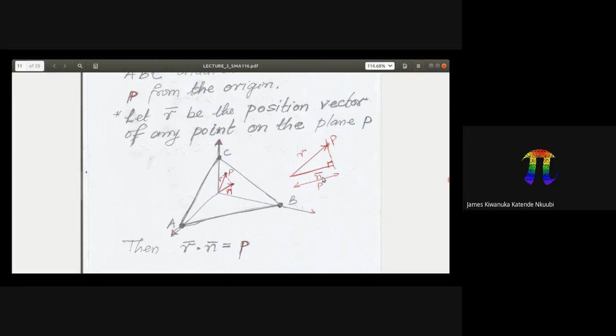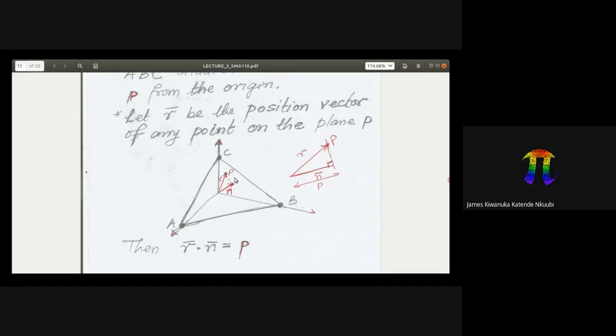What I'm trying to say is that n may not even get to the plane itself. Unless that distance is 1, it will not reach the plane. If the distance is greater than 1, the vector will be under the plane, right? Is that making sense? You need to respond.